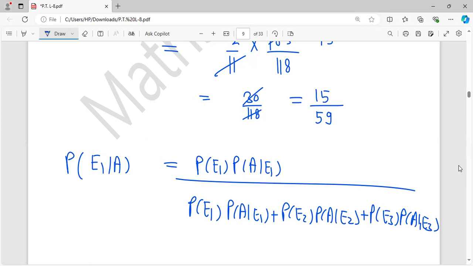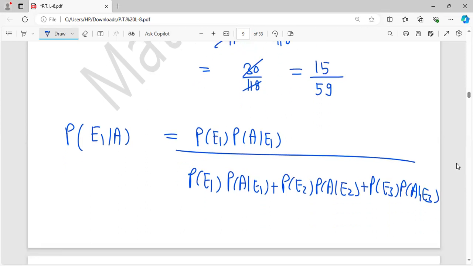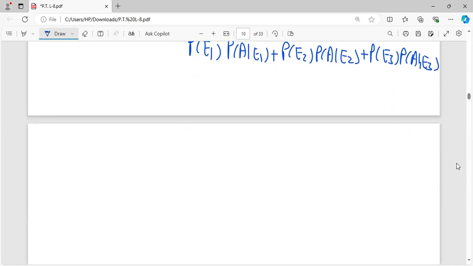Again, 1 by 3 will come common from the denominator.